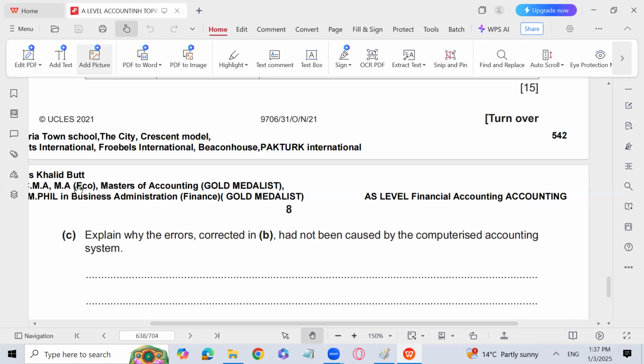But the whole procedure needs to be checked in the same manner. So artificial intelligence is not yet that effective in accounting. Maybe in the upcoming years it will be, but currently there is nothing like this. Okay. So this is how we have done this particular question.